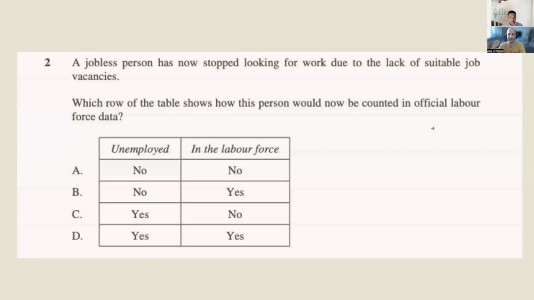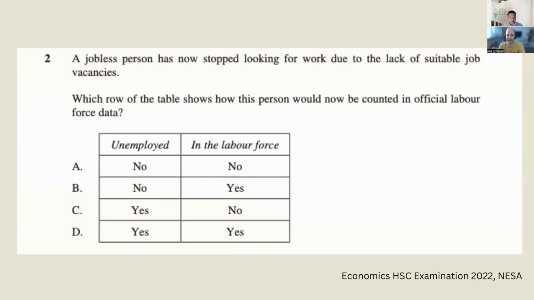Then when I get the actual categories, I'm thinking, now I know that because they're no longer seeking work, they're not considered unemployed. And also, they're not going to be counted in the labor force because they're not part of those groups that are actively seeking work.